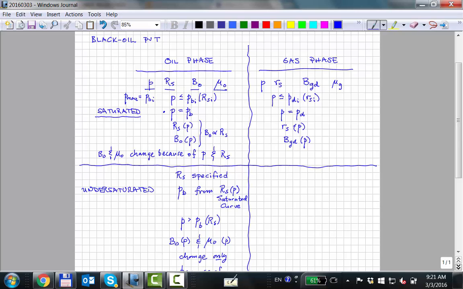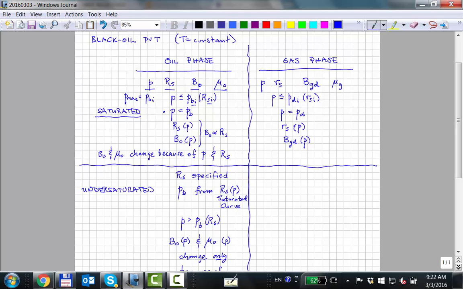So if it's at reservoir temperature, this is for a given temperature, it's constant, we have a given table. And we can have a different PVT table for each temperature. Okay? So each of these saturated tables is going to have a maximum pressure, and that maximum pressure will be the expected maximum bubble point you have for that system.